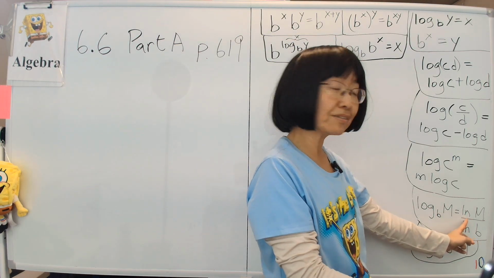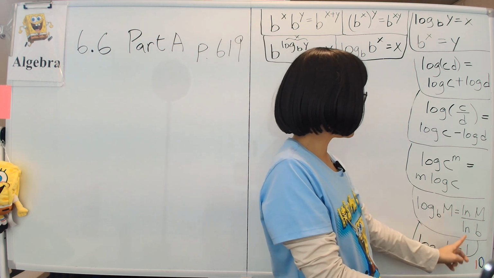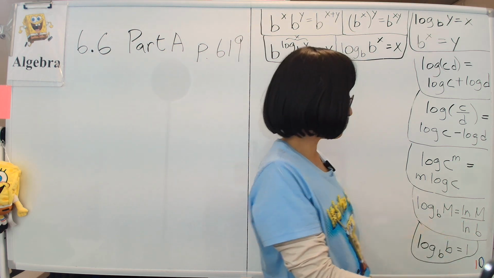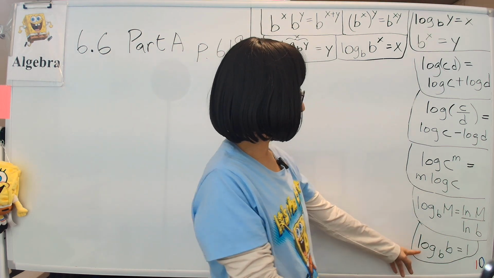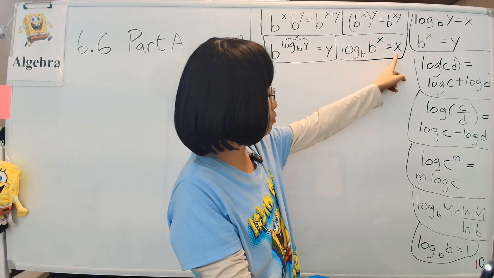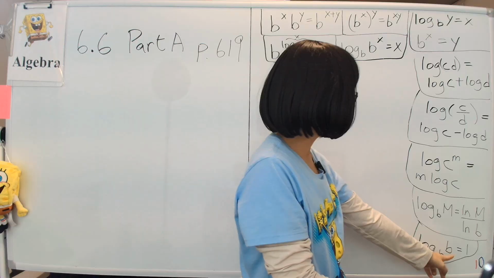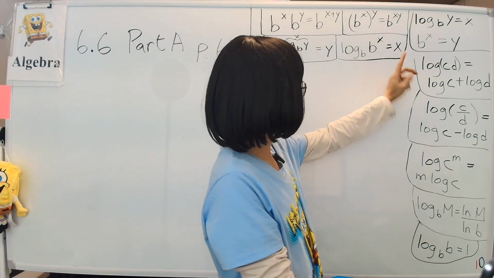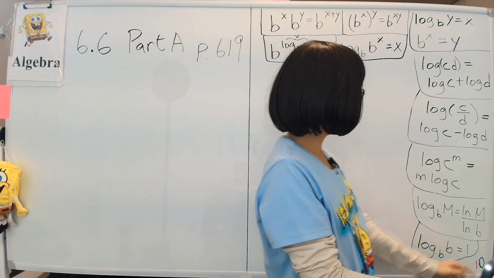In this case, I used the natural log of this number divided by the natural log of the base, and this is the same as this one in the case when x equals 1. That's if you have log base b of b, where x equals 1, then it just equals 1.